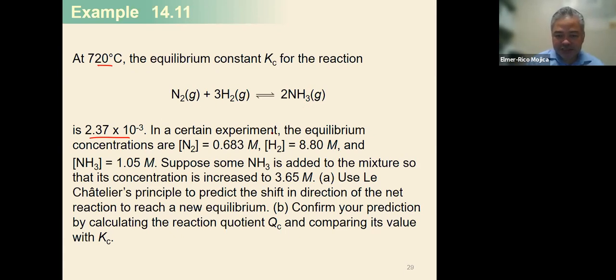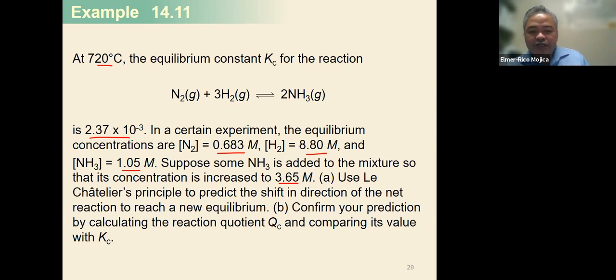Now, in a certain experiment, the equilibrium concentrations are 0.683, 8.80, and 1.05 molar. Suppose some ammonia is added to the mixture so that its concentration is increased to 3.65. Use Le Chatelier's principle to predict the shift in direction of the net reaction to reach a new equilibrium.